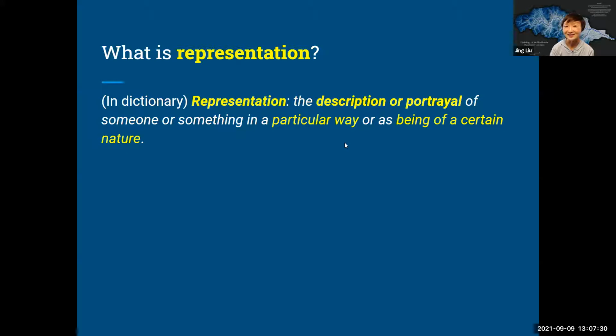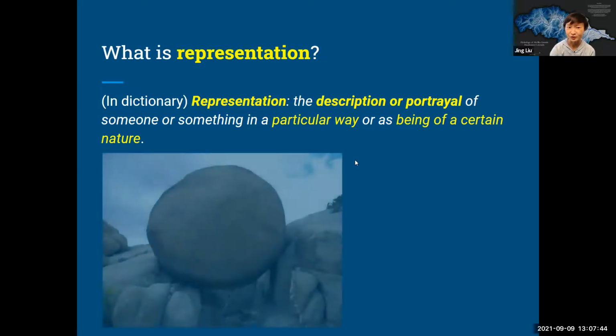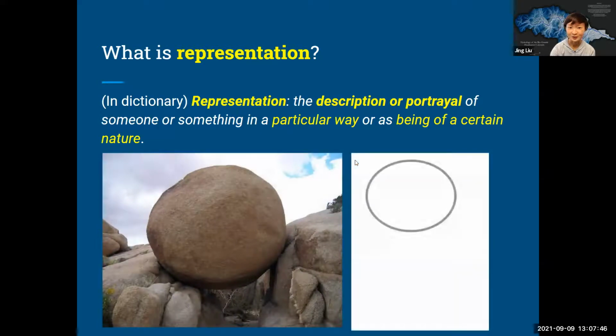What is representation? If you look in a dictionary, representation is a description or portrayal of someone or something in a particular way as being of a certain nature, which is a mouthful, but let me show you this. This is a big rock, right?